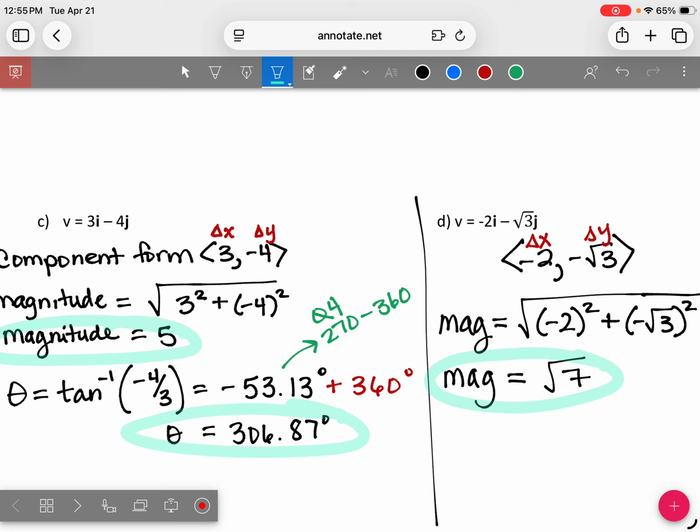Anybody else get that? All right. And then for my direction, inverse tangent of negative root 3 over negative 2.